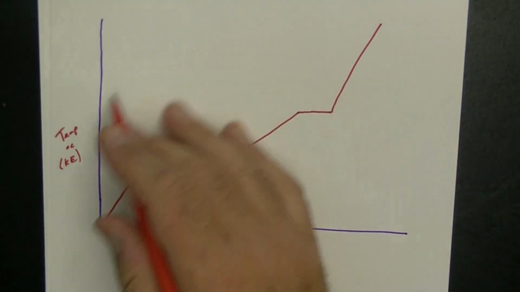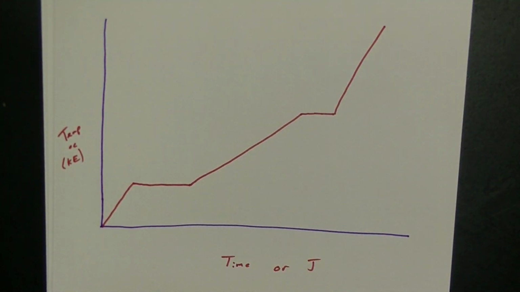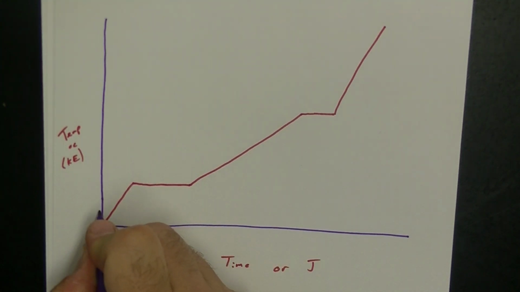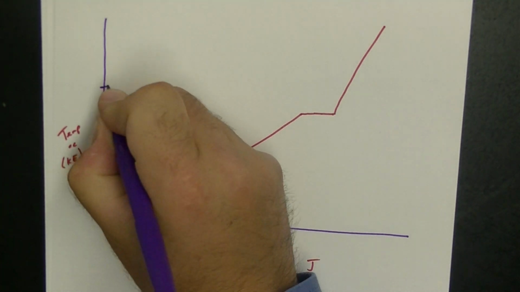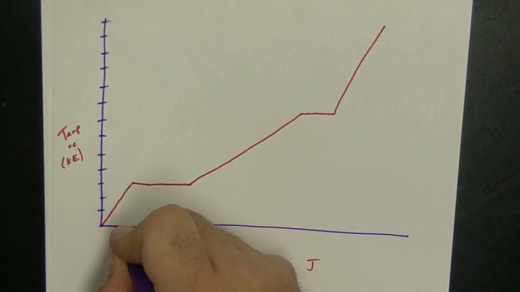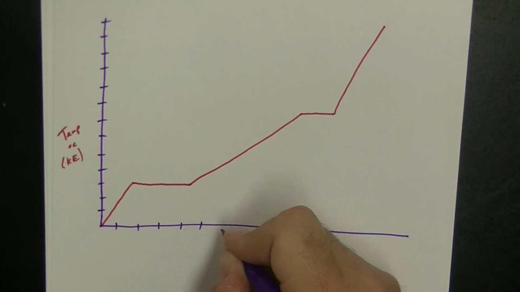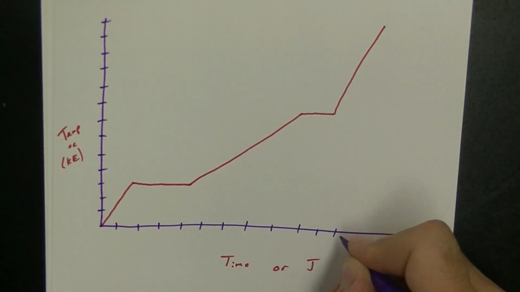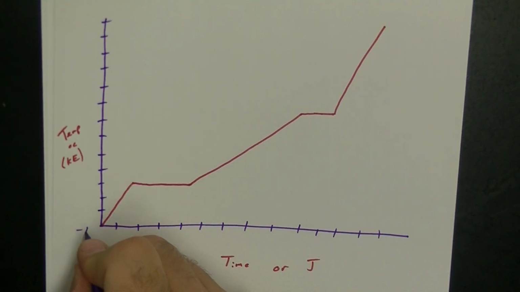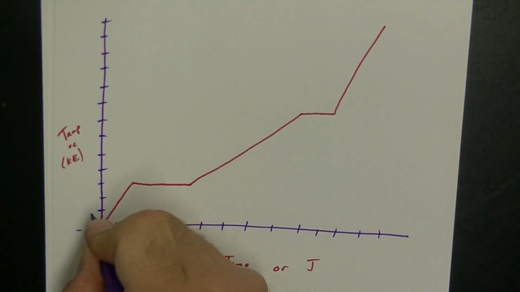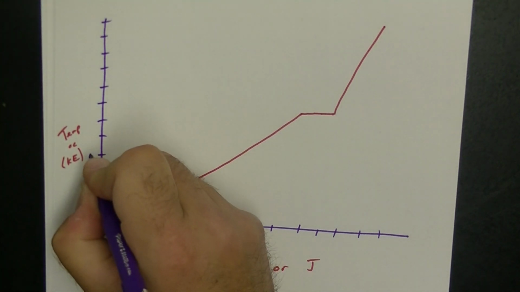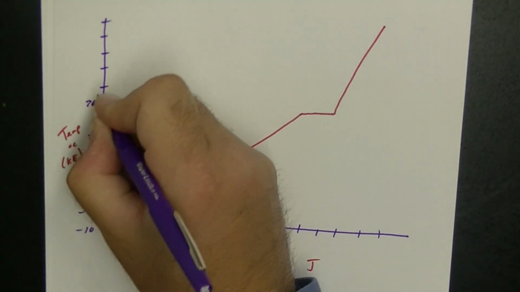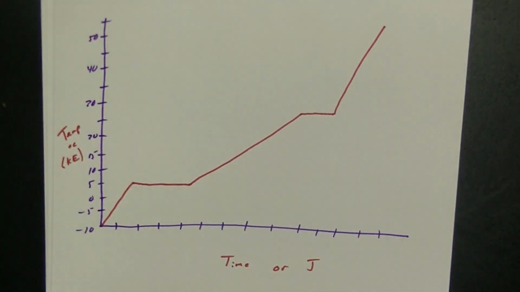Now we need to be able to label this thing. Remember, this is a graph. So just for fun, let's put some check marks in here, and technically this is an illegal graph. You could never ever do this. We'll do the same thing this way, and we'll label this -10, -5, 0, 5, 10, 15, 20, 30, 40, 50.